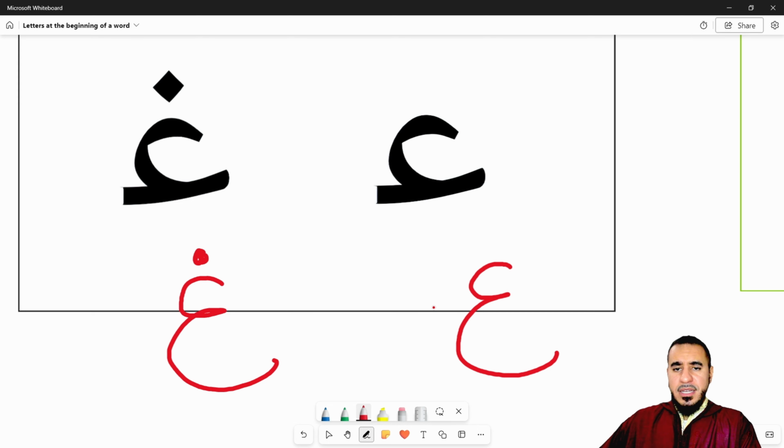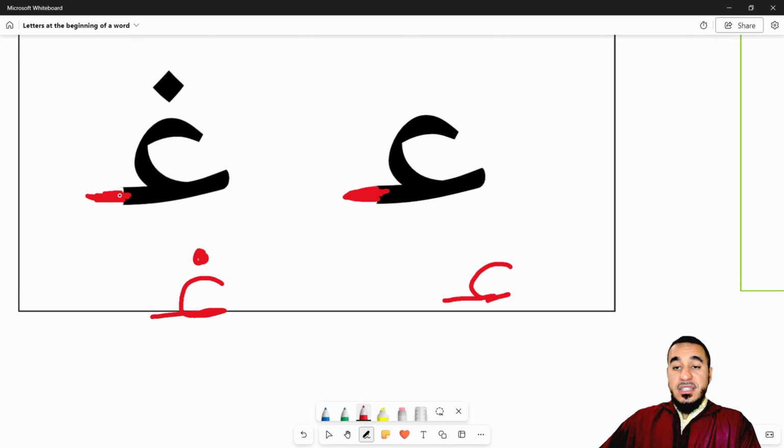So what's happened here is they just got rid of this part at the bottom. And as you guessed it, because I put the line here, the ayn will physically attach to the next letter from this point here, and the ghayn will attach physically to the next letter here. Just like if we had a lam here and a lam here. All right?